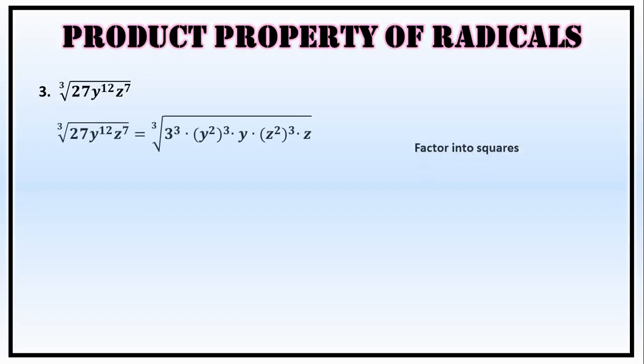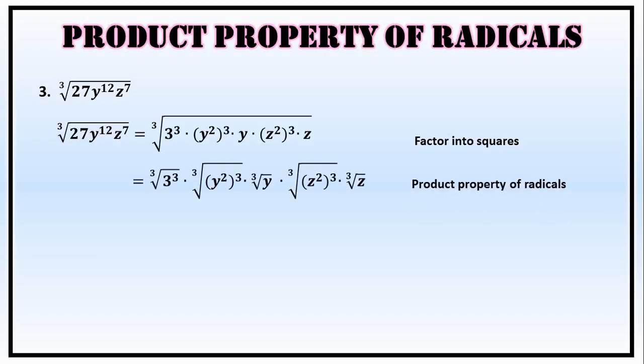Example 3. Cube root of 27y to the power of 12 z to the power of 7. The first thing to do is to factor it into cubes. So it will become like this. Then apply the product property of radicals.